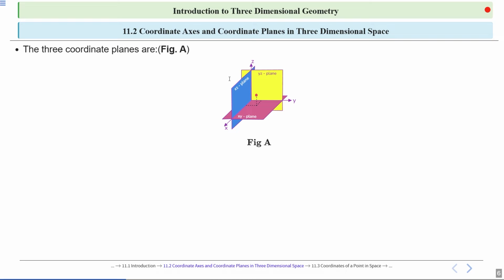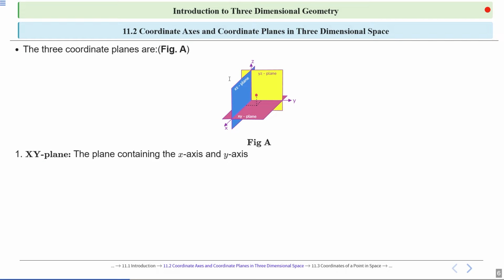Take a look at figure A, which shows the three axes x, y and z meeting at the origin, whose coordinates are 0, 0, 0. This diagram will help us understand how points and planes are positioned in 3D space. So very carefully look at this diagram.